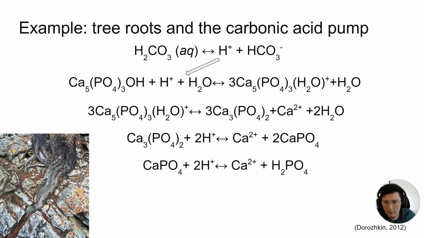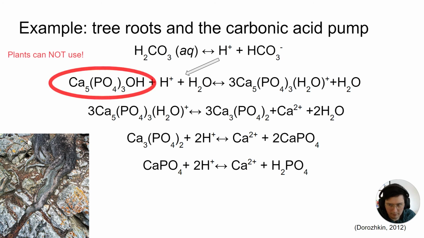And then if we have even more acidity, we can keep doing the reverse complexation here, and we can get it all the way to having just a phosphate. If you remember, this apatite rock, this phosphate-containing rock, the plants can't use.